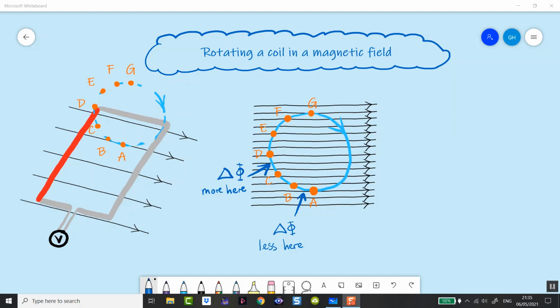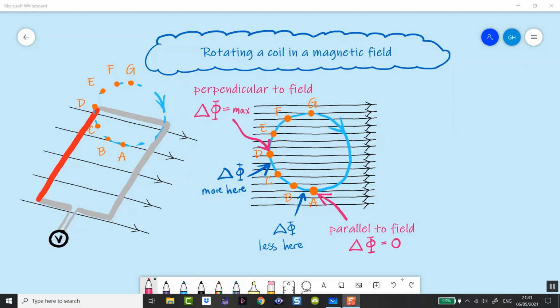If the wire is moving at a constant speed, this means that the wire is moving slower through magnetic flux from A to B than it is from B to C. The wire is moving parallel to the field at A and G, so no EMF induced there. Then at D, it's moving perpendicular to the field, so that's where the induced EMF will be maximum.